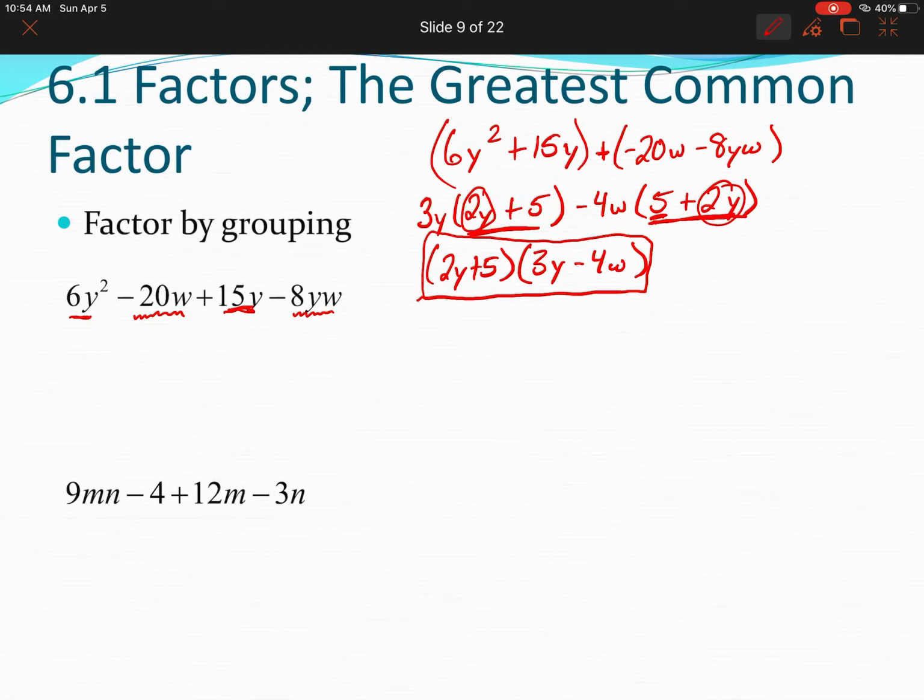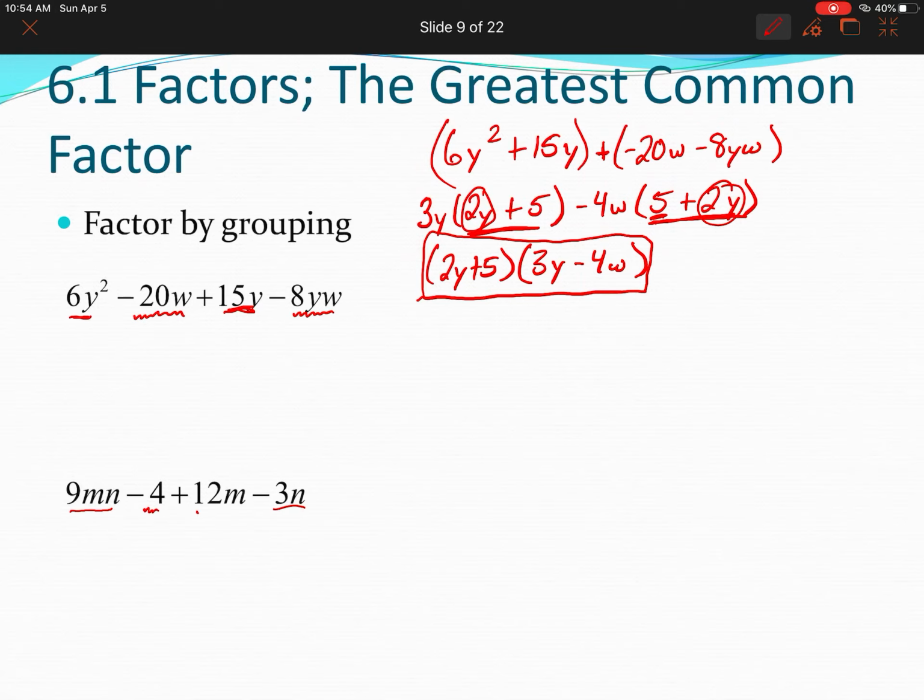Alright, so this one also has to be regrouped. You cannot group the first two terms with the last two terms. So when you think about regrouping this one, what I see, and this is just kind of in my perspective, I noticed that the 9mn and the negative 3n have a 3 and an n both in common.